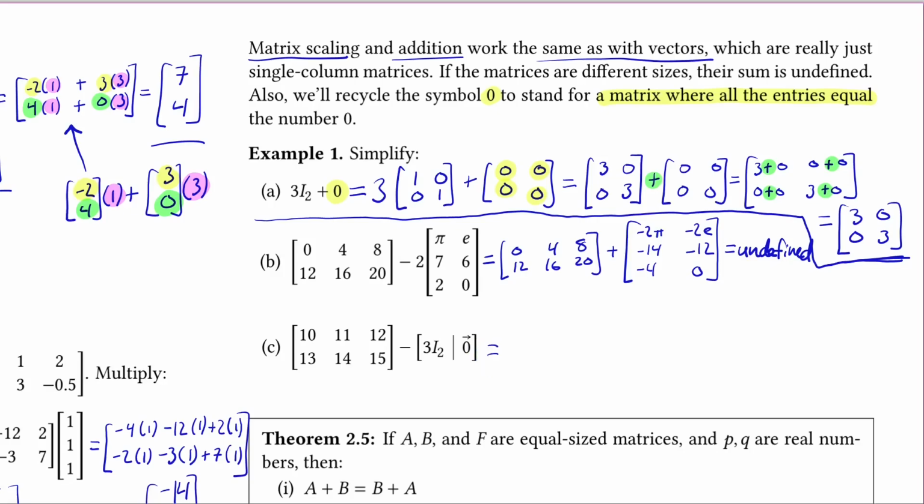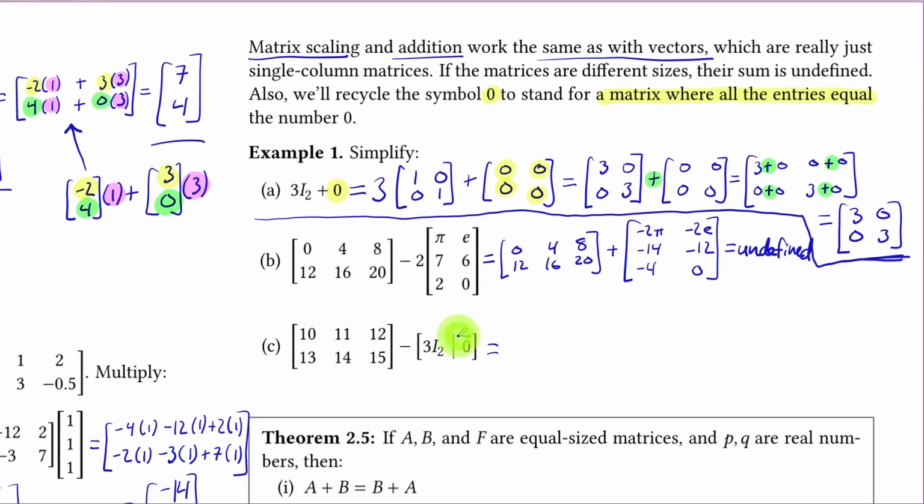And in part C, this just gives us a nice way to define a matrix in terms of other stuff, like using augmented matrix notation. So we're just saying we're adding on another column of it, and then this part is the 3I2.